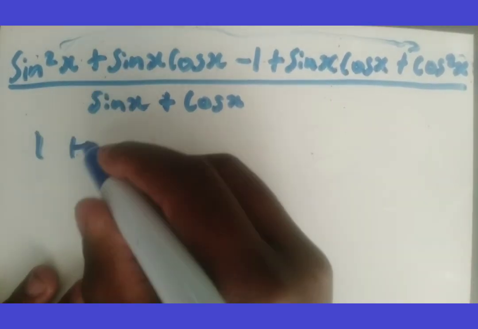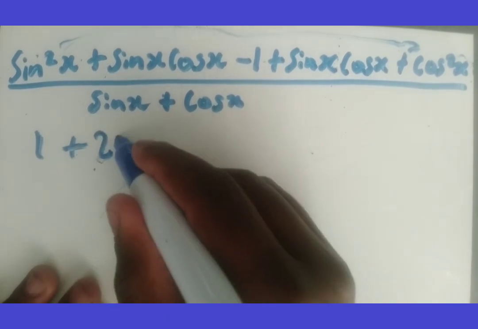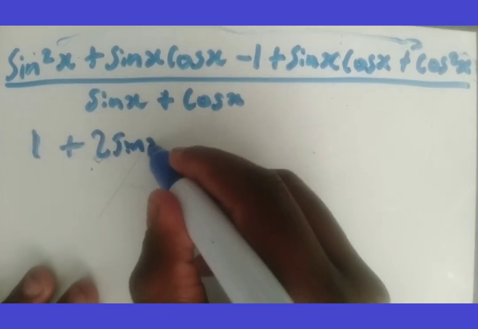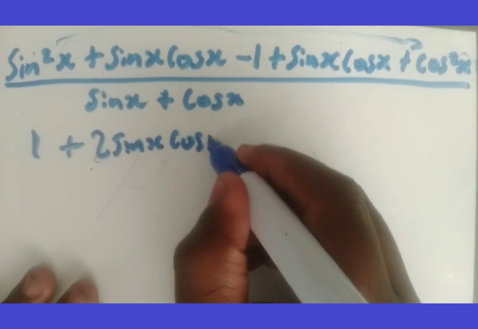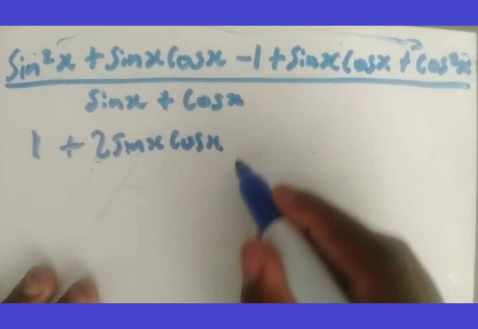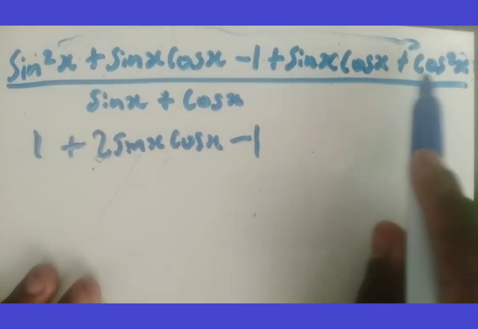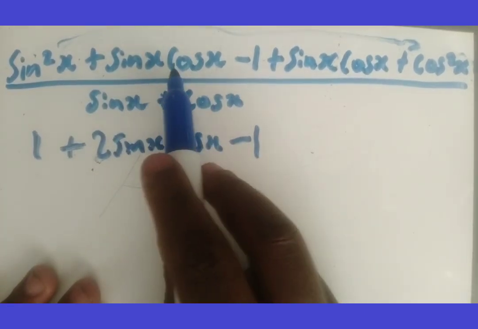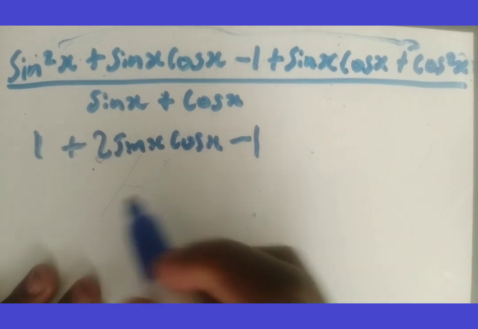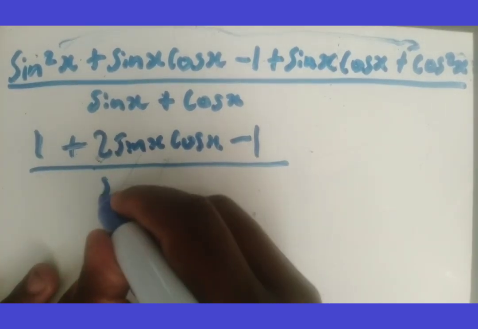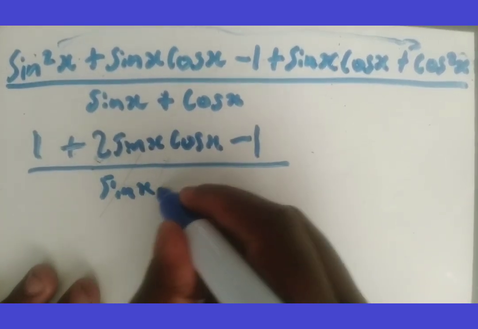So then this becomes 2 sine x cos x, right? Minus 1. So this minus 1, we haven't done anything with it. And of course, we have over sine x plus cos x.